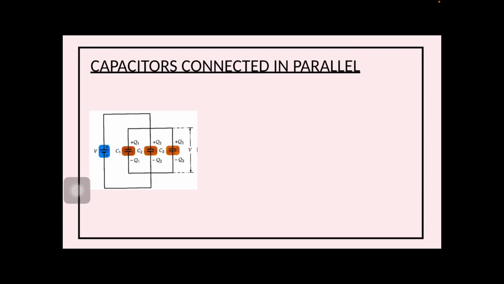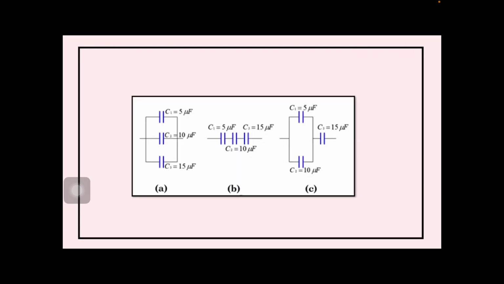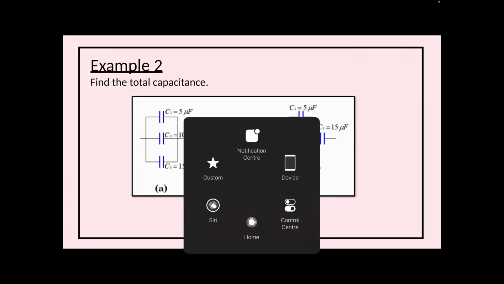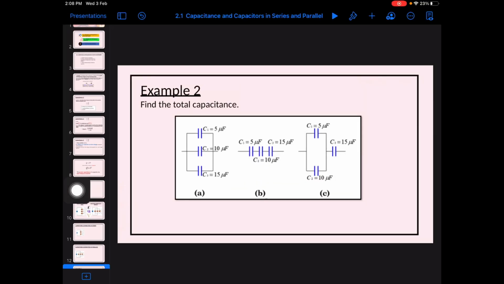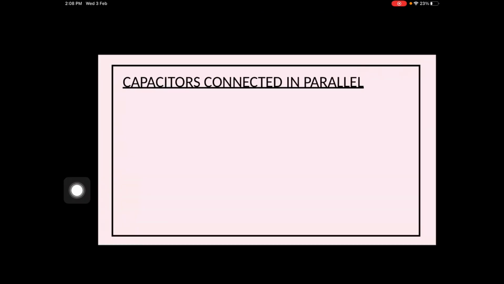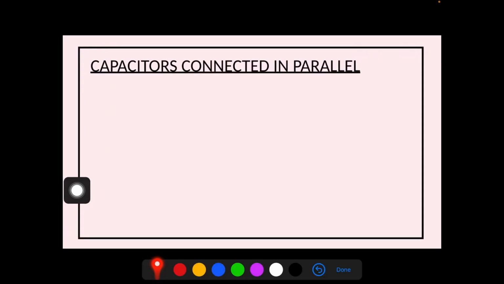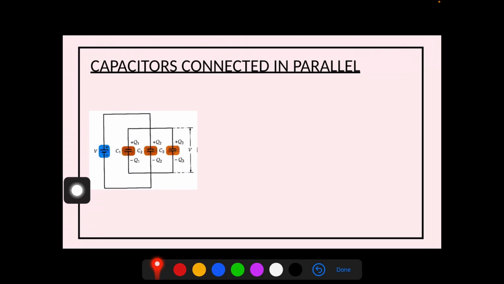So how about C equivalent? We simplify the circuit first, to only one capacitor.